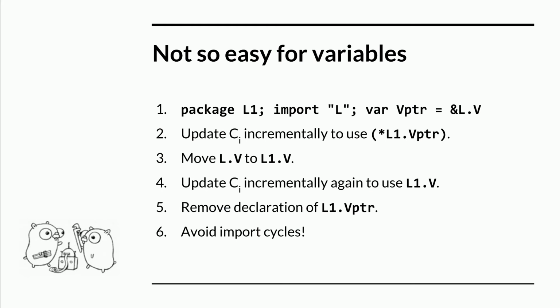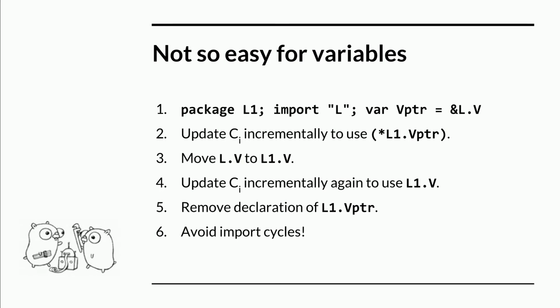It's not so easy for variables. There is a way, and it's a bit complicated. Here you have to go a different route. You have to introduce a pointer to the original variable in the new package L1. Then you can start incrementally updating all these clients to use this pointer to that variable. Then you can move the original variable to L1, and then, in the second round, update the clients again to use the original variable that's now moved, and then you can start removing that pointer variable again.